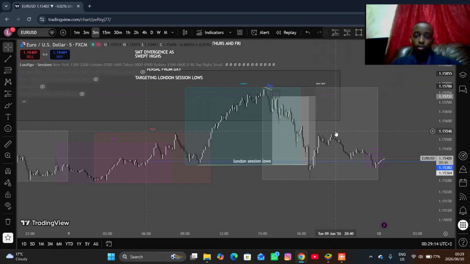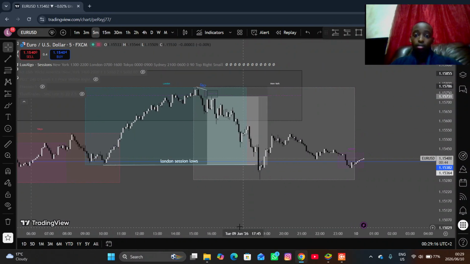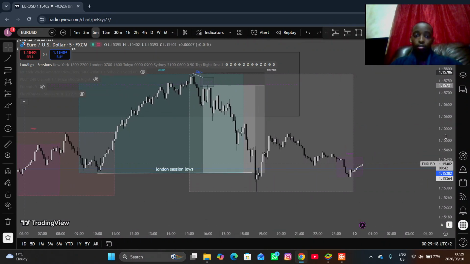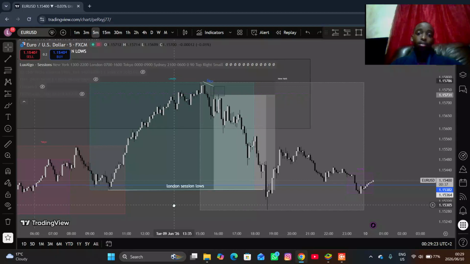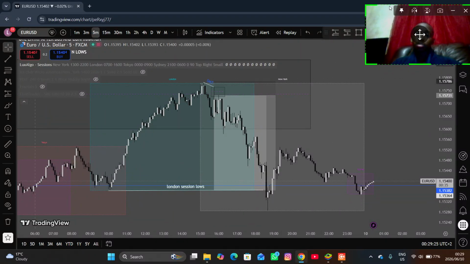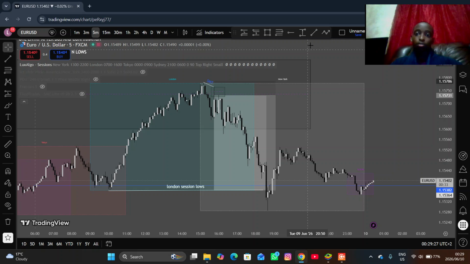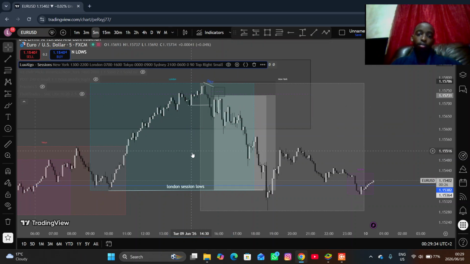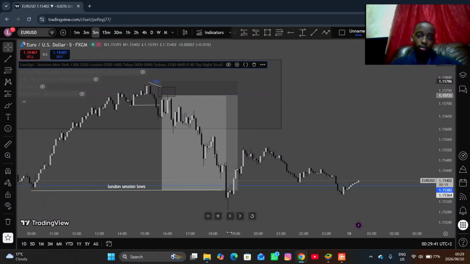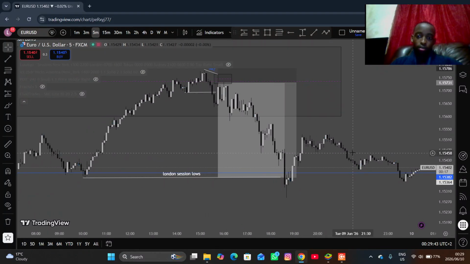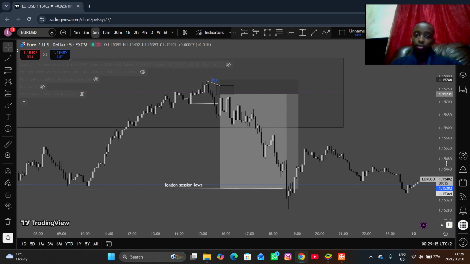So then on New York session open, which is 3 o'clock for me as I'm in South Africa, price showed a break of structure to the downside over here, broke this market structure, which you can mark out there. Then price, that was a good confluence for me.